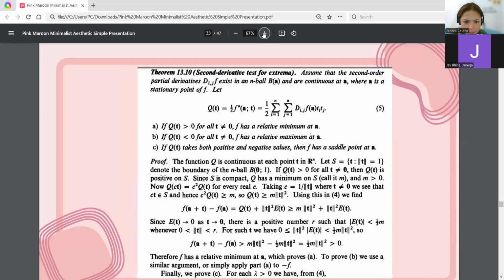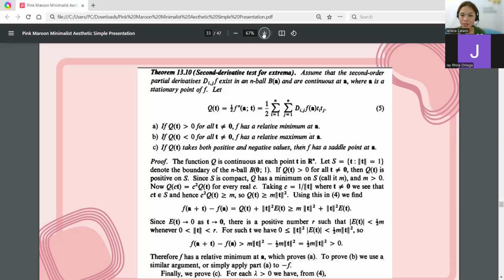Now we prove that the function Q is continuous at each point t in R to the power of n. Let S be this set, which denotes the boundary of the n-ball B of 0 and 1.